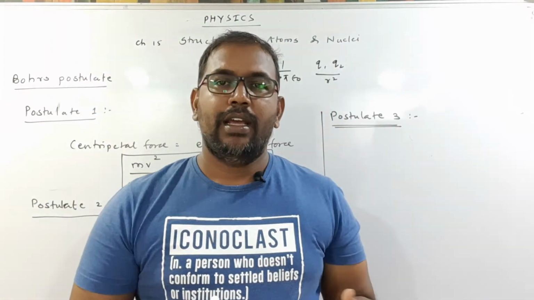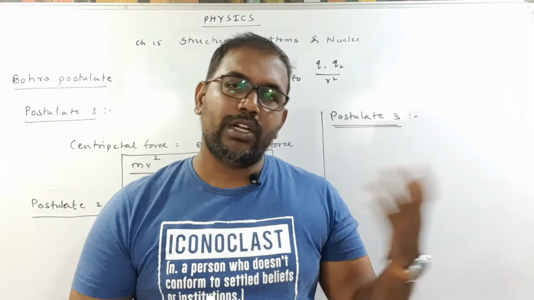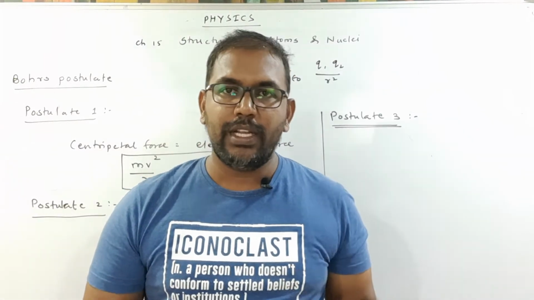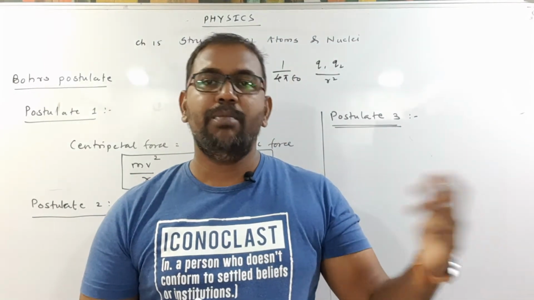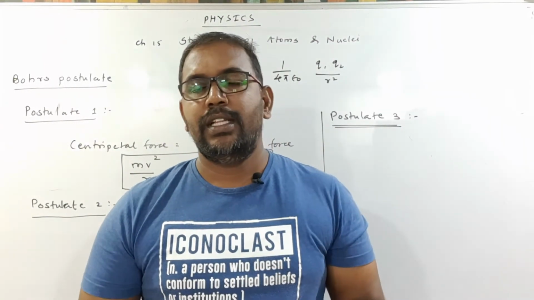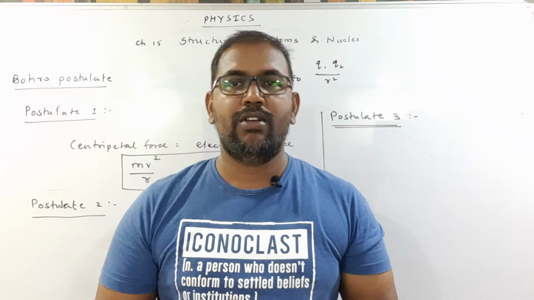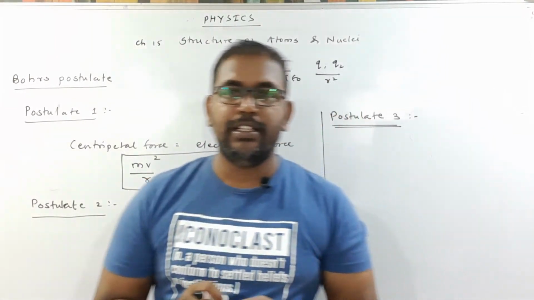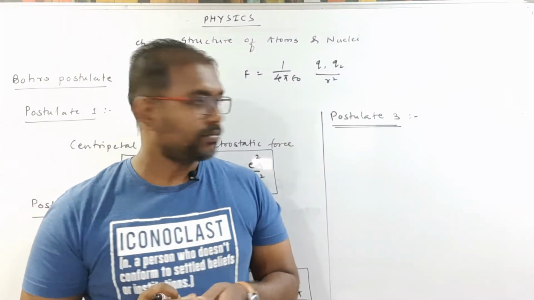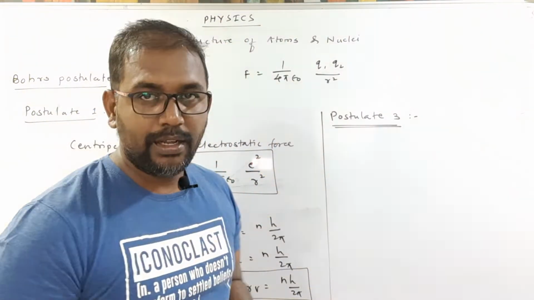You know that energy of electron in the outermost orbit is more as compared to the inner orbit. So when an outer orbit electron wants to jump into the inner orbit, then that time the extra energy the electron has to emit, and that energy emitted by the electron is in the form of photon. So we can write the third postulate.